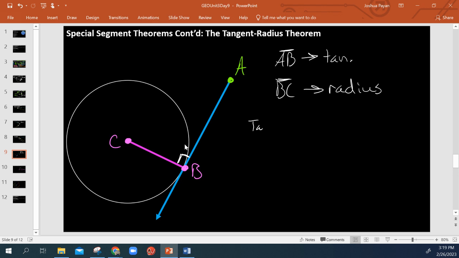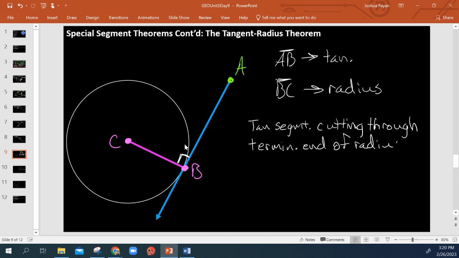Basically what this theorem is saying is that if you have a tangent segment cutting through the terminal end of a radius, and of course, we just mean a point on the circle, they'll always be perpendicular. So that radius and the tangent segment will always be perpendicular.